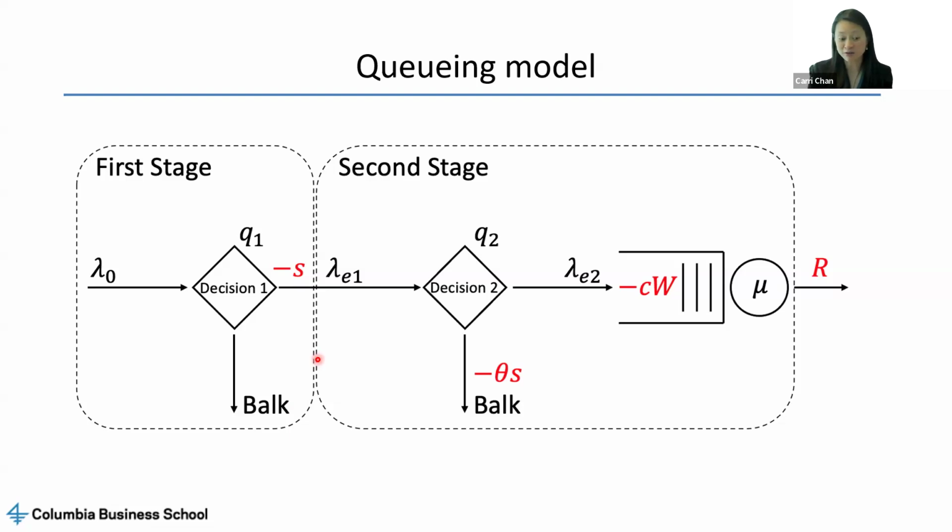Any questions on the model before I go on? Yes. For the first stage decision, is the decision instantaneous, and where does that Q1 come from? Q1 is the proportion of customers that decide to enter the queue.